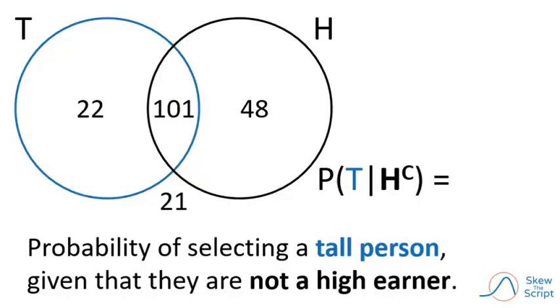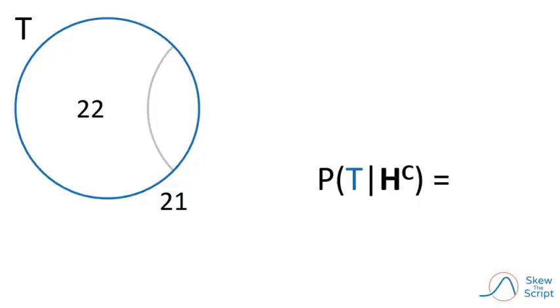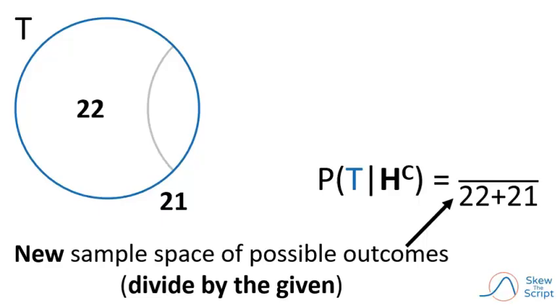Now, here's one last conditional probability that I'd like for us to calculate. Let's find this, the probability of selecting a tall person, given that they are not a high earner. This time we're looking at people who are not high earners. That's our given. So that's our new sample space and our new possible outcomes, and that becomes our denominator. We're dividing by the given.